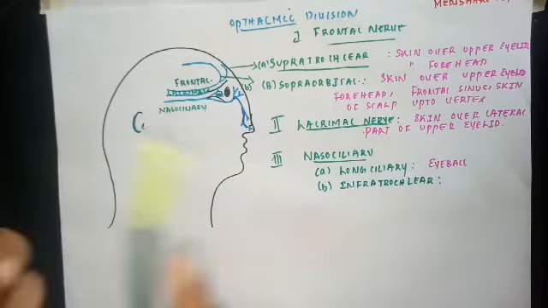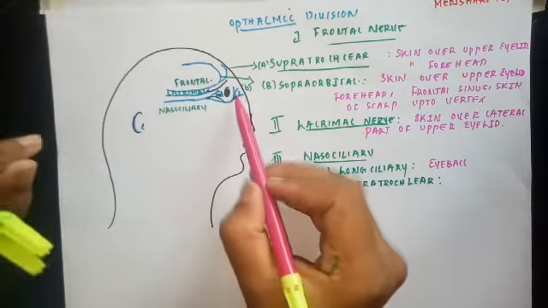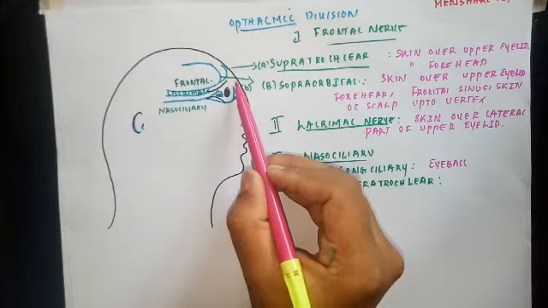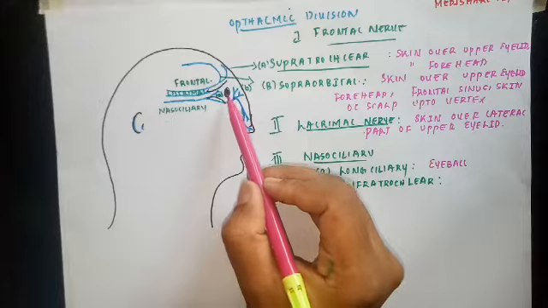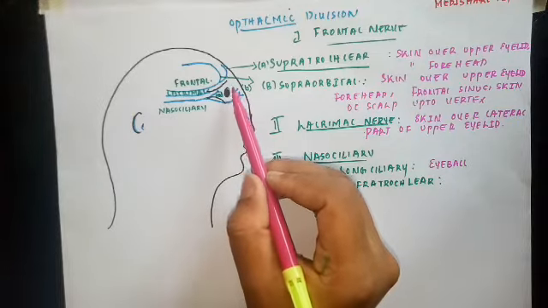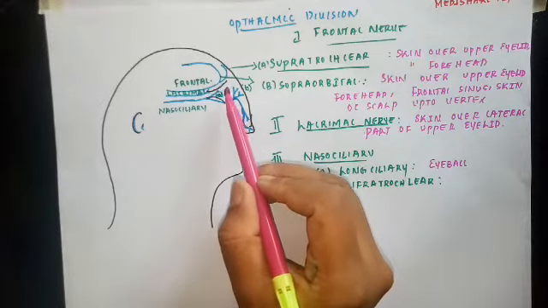The infratrochlear nerve, as you can see here, supplies the skin over the medial aspect of the nose, the skin over the medial aspect of the upper and lower eyelids, and it also supplies the lacrimal sac, which is located on the medial aspect of the eye.